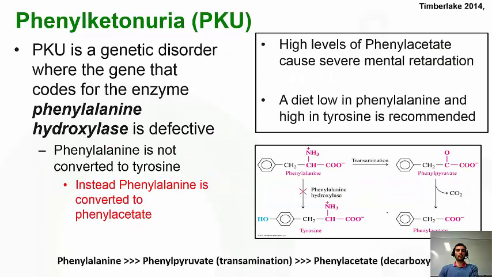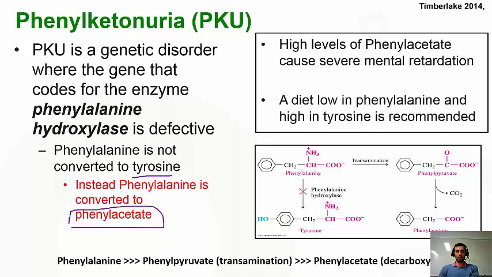But it's more sinister than that. It's not just the fact that these individuals can't make tyrosine. The phenylalanine actually gets turned into something else. So when the phenylalanine is not being converted into tyrosine, it can actually be converted into another compound called phenylacetate.